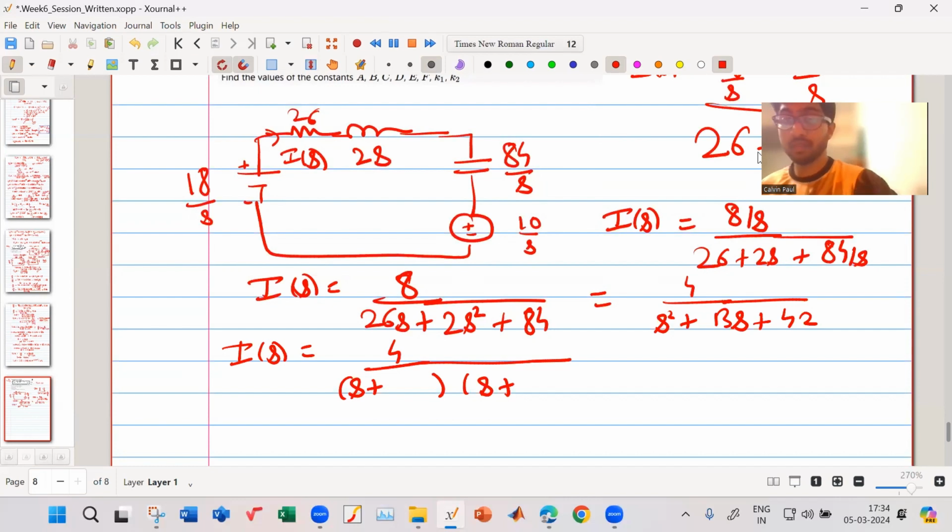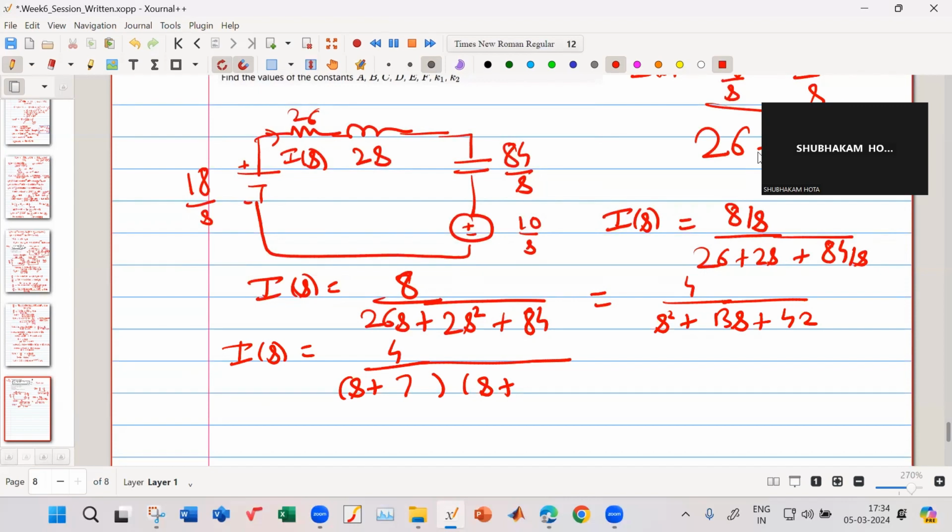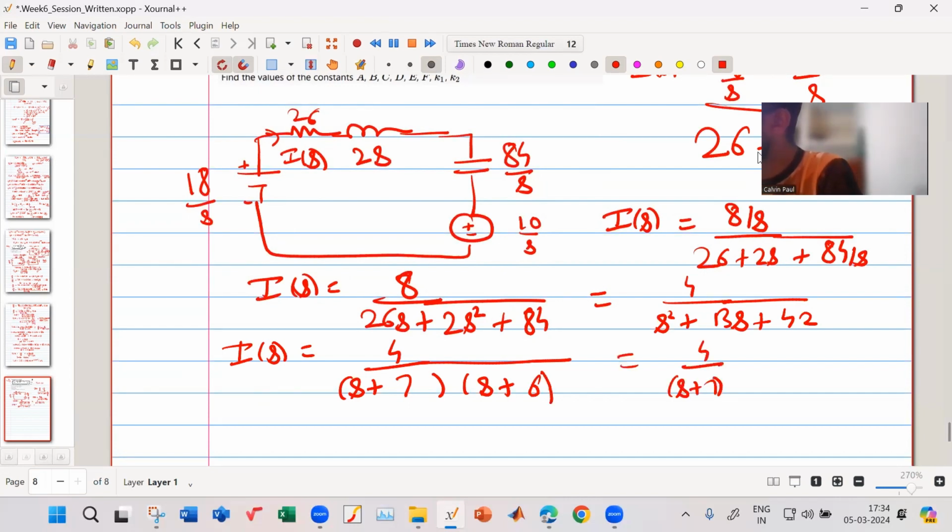S squared plus 7S plus 6S plus 42. S common, S plus 7, plus 6 common, S plus 7. So 4 by S plus 7 whole into S plus 6. Correct. So this is 4 upon S plus 7 into S plus 6.